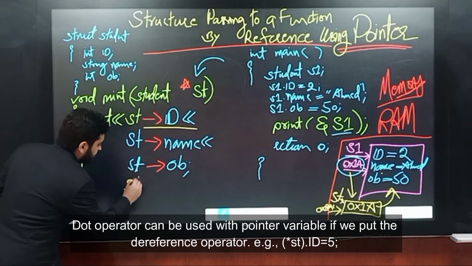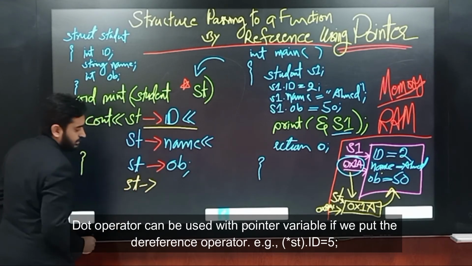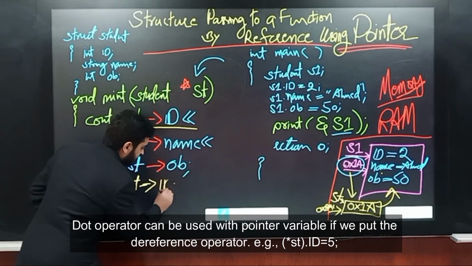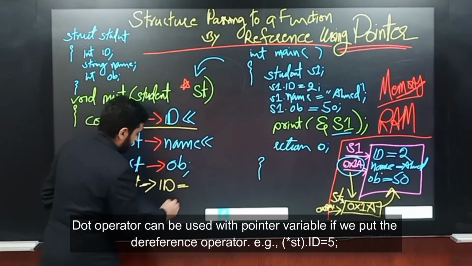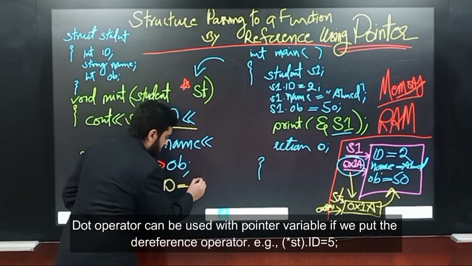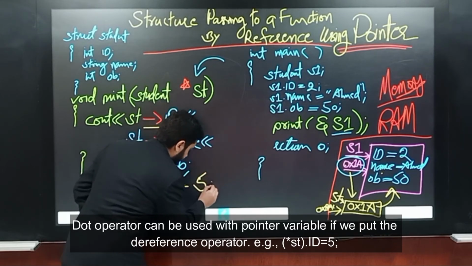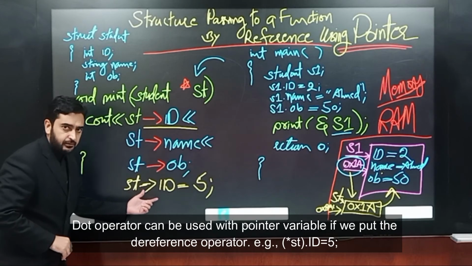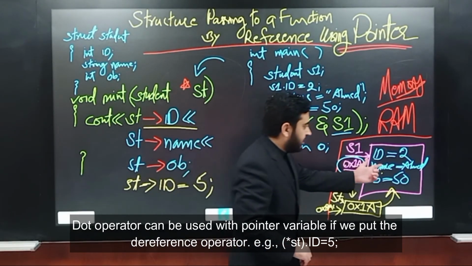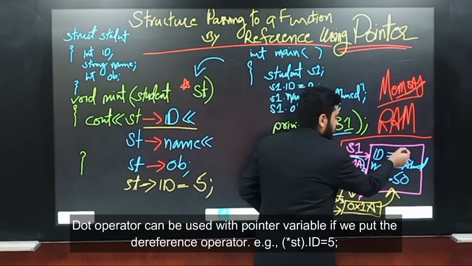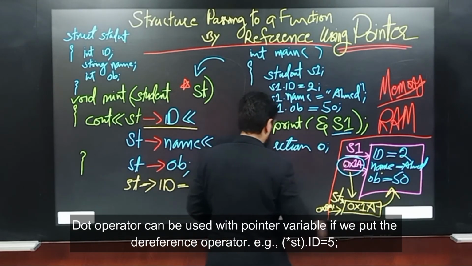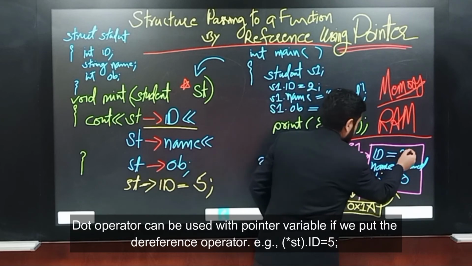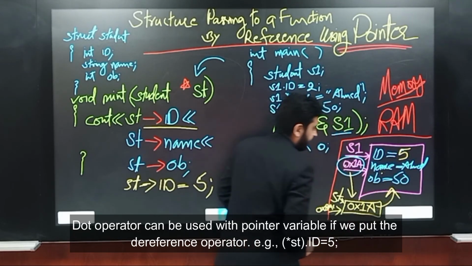So write down ST, this arrow operator, and id is equal to 5. So this will change the value of the actual object, and the 2 will be replaced with 5.